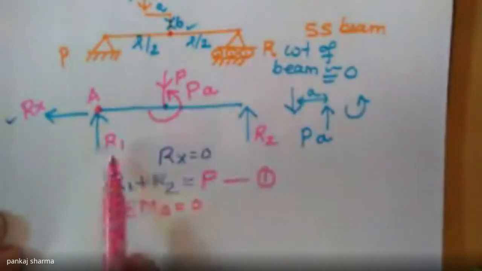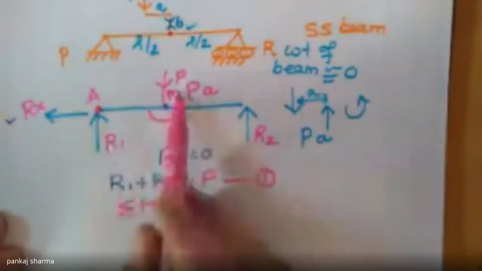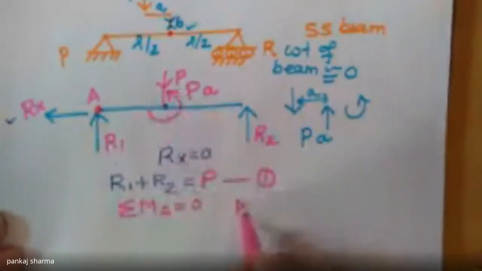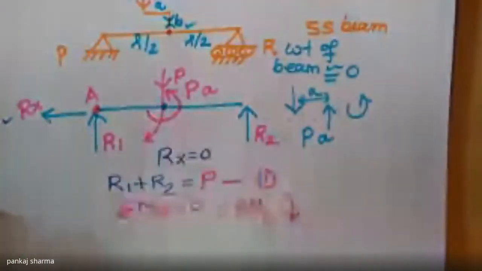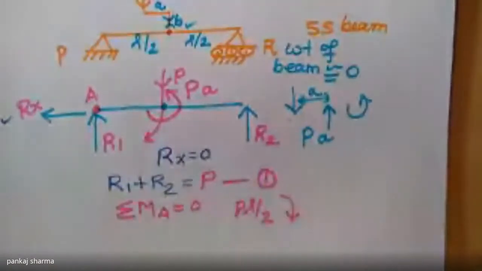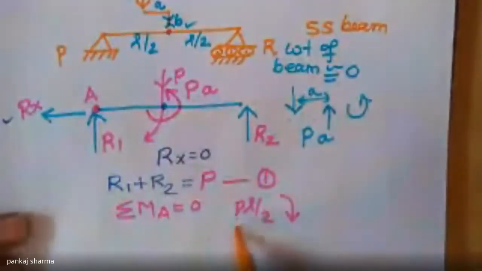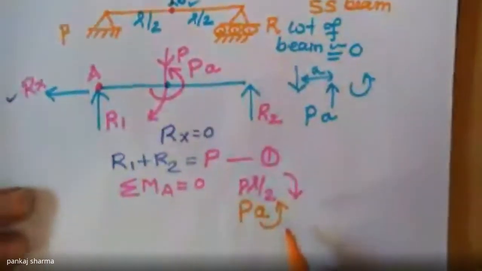The moment due to R1 is 0. The moment due to P is P into L by 2, direction clockwise. There is also an external moment already, PA, and the direction is anti-clockwise.